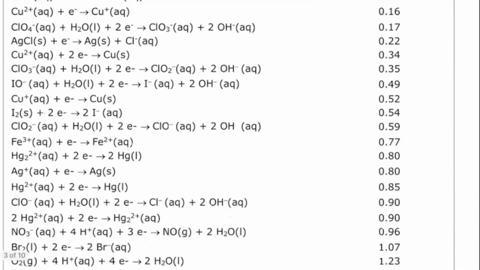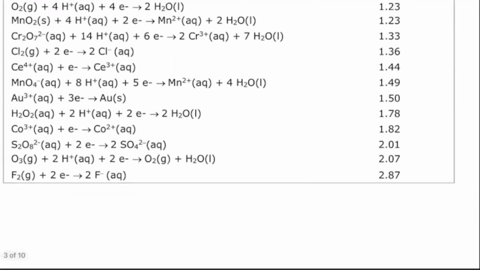Whilst the lowest down here, fluorine, on the other hand, is very willing to accept electron, because it needs only one more to complete the octet. Therefore, fluorine plus 2 electron producing 2 fluoride ion.